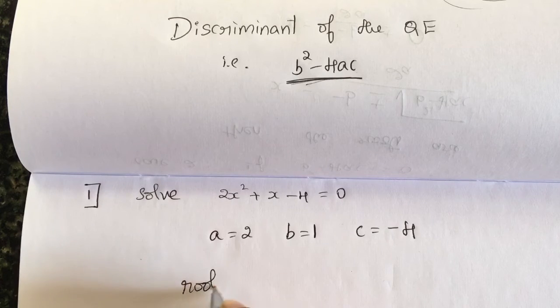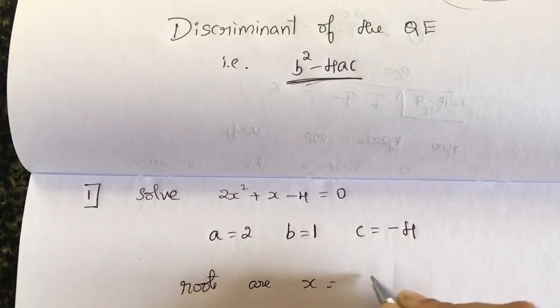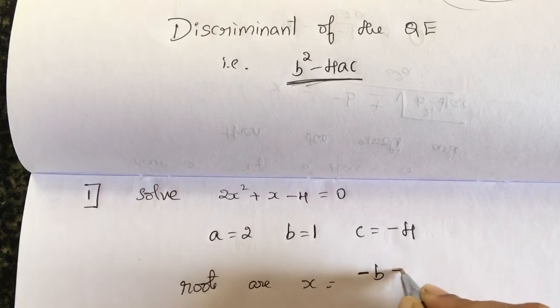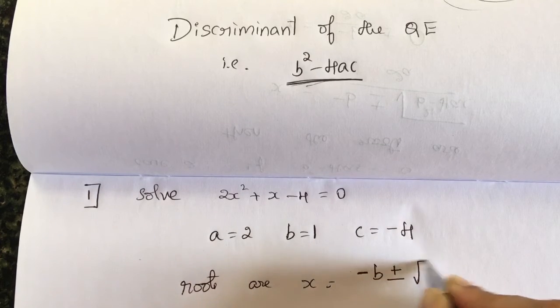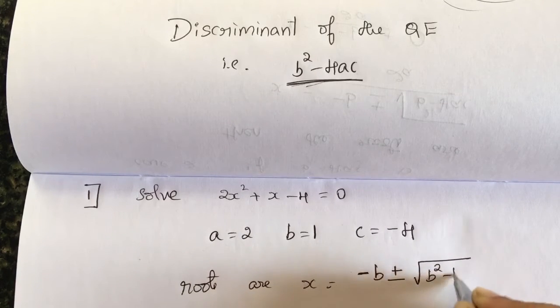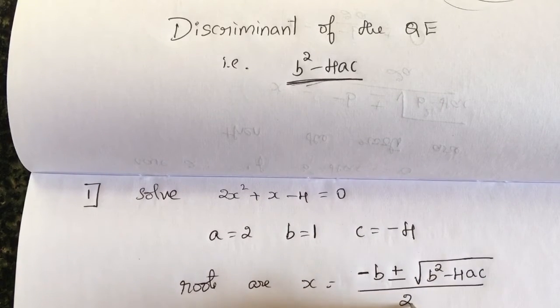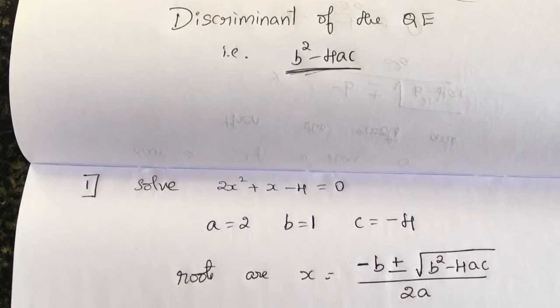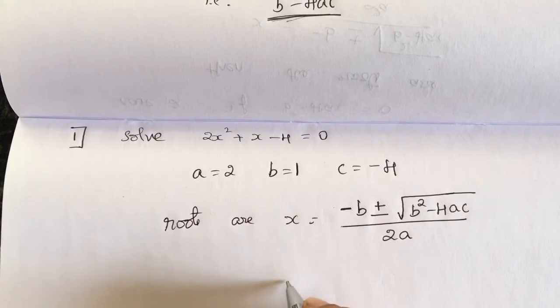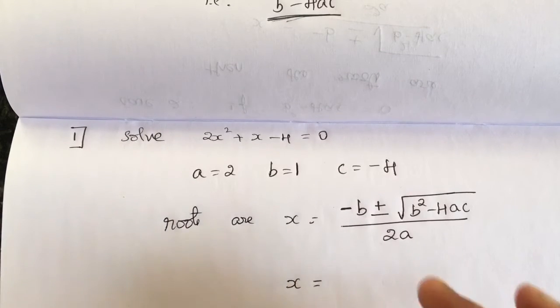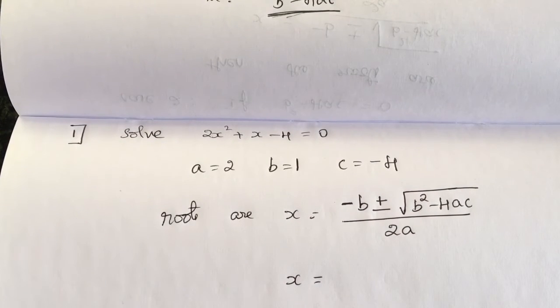Now, roots of a quadratic equation are x equal to, this is the formula, minus b plus or minus root of b square minus 4ac divided by 2a. So substitute the values of a, b and c.